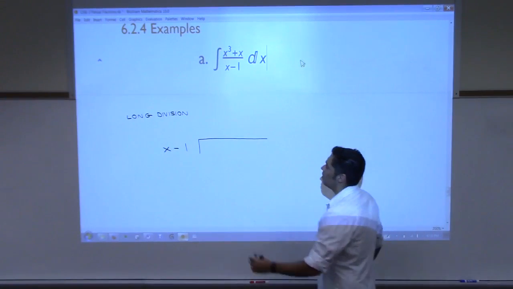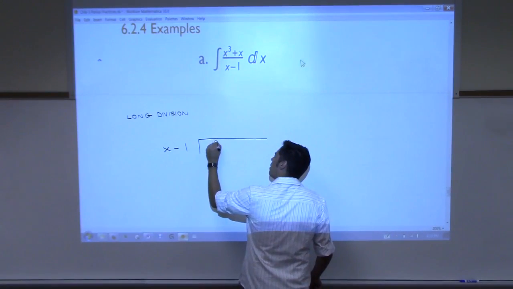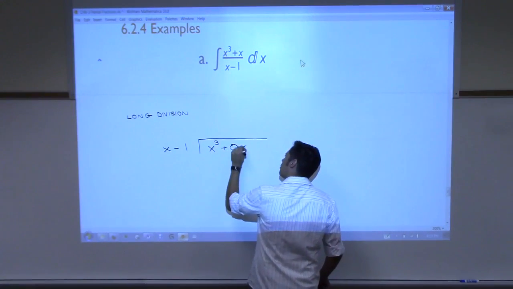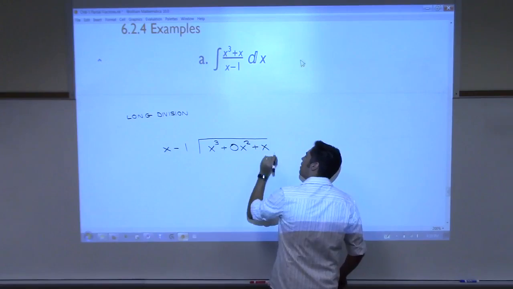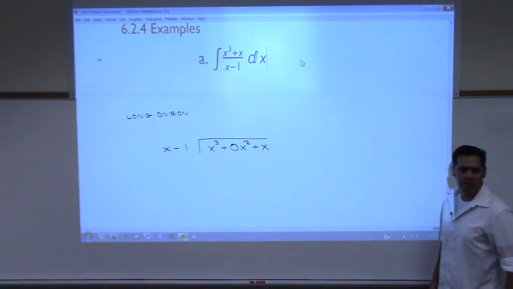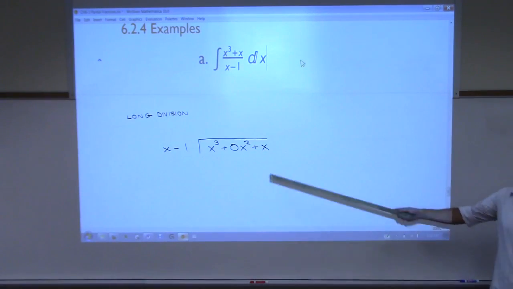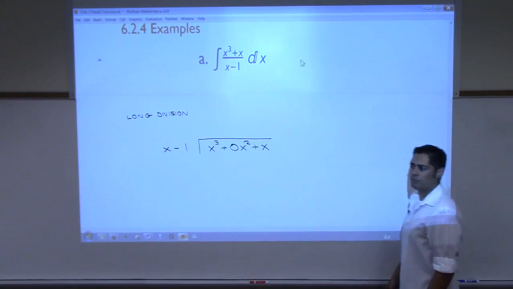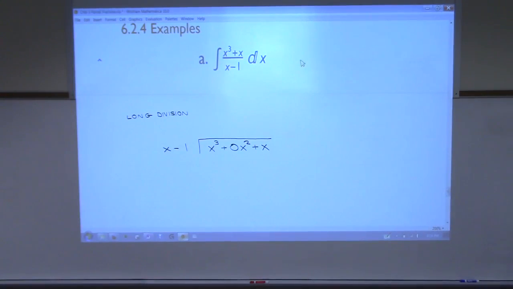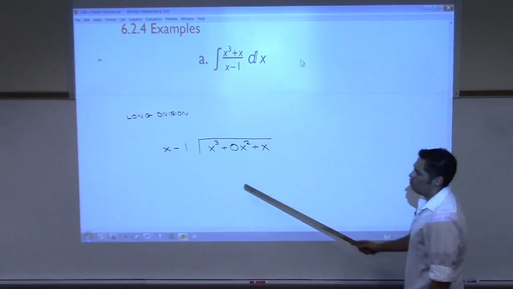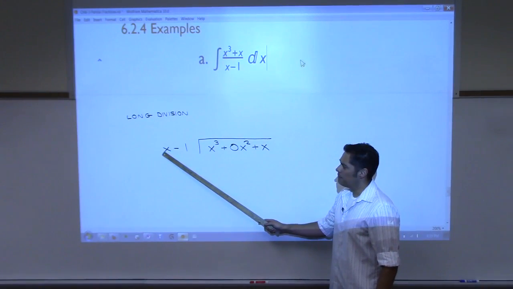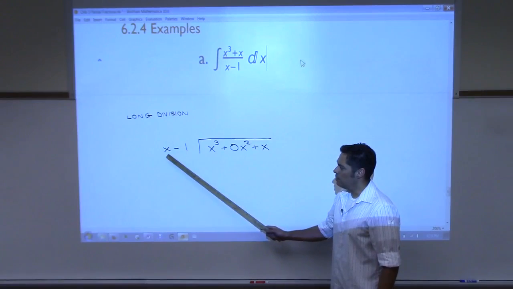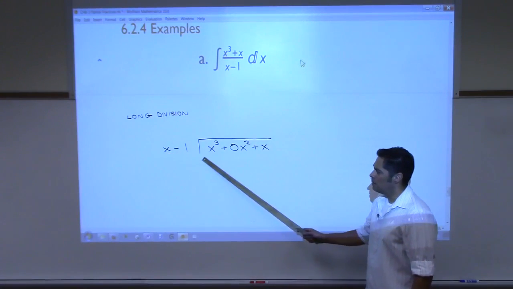In the numerator, x cubed, I'm also going to put a 0x squared to account for the gap between the x cubed and the x term. That's pretty standard when it comes to long division. Now, look familiar? And then you play a little game. You say, all right, what do I multiply x by? Just the x, forget the negative 1. What do I multiply x by to get x cubed?